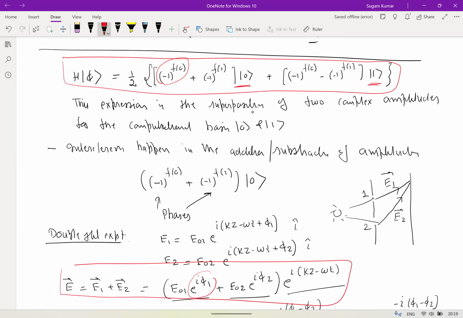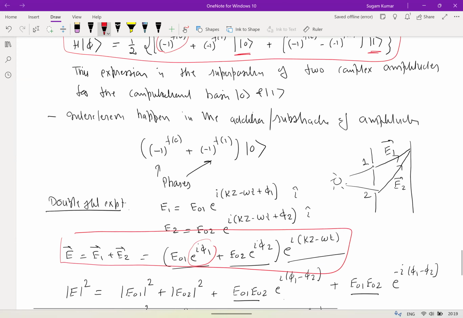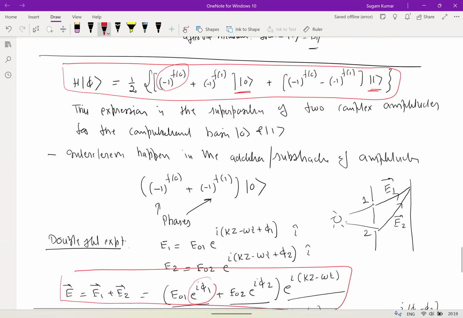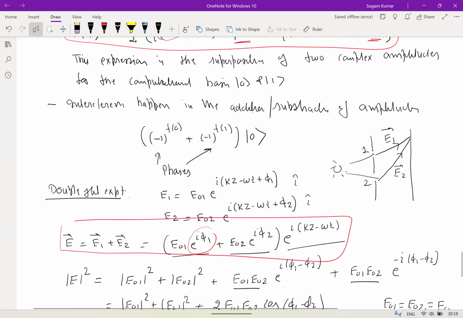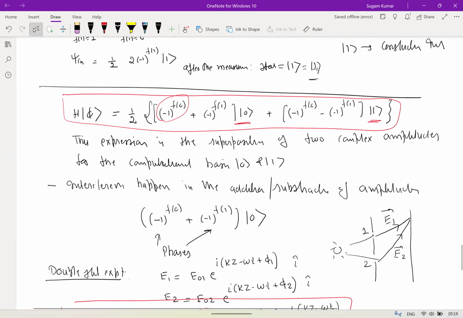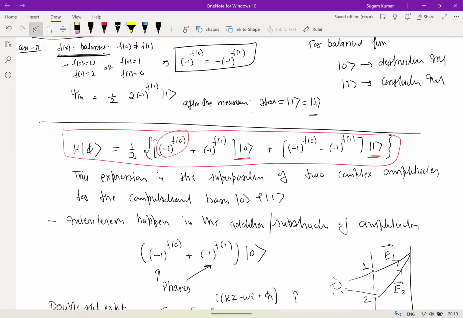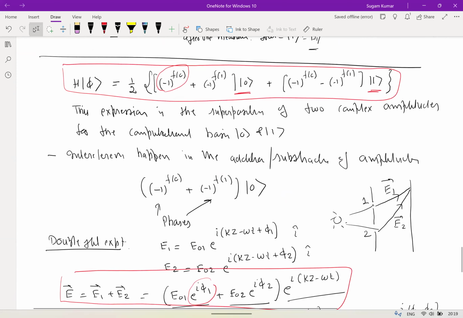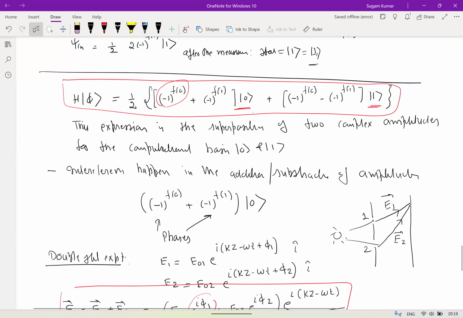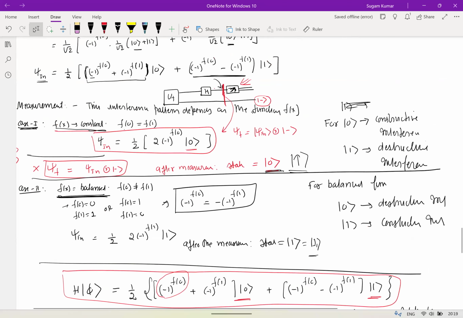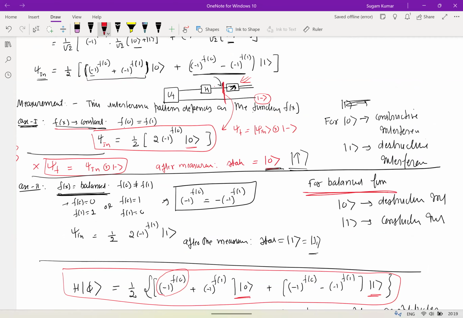And the interference, depending upon the phase factor, will decide whether it is going to be positive or negative. So you can see that without knowing the function, from the result you can identify whether the function is constant or balanced. You can see here, case number 2 and case number 1.